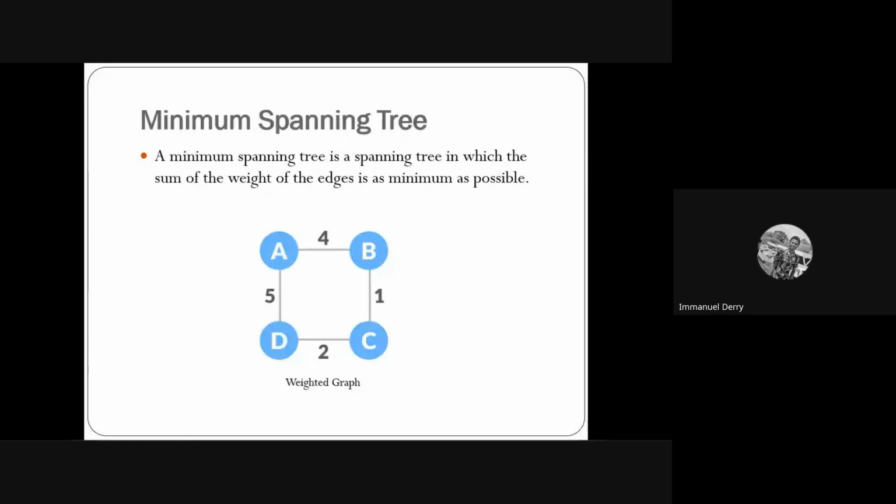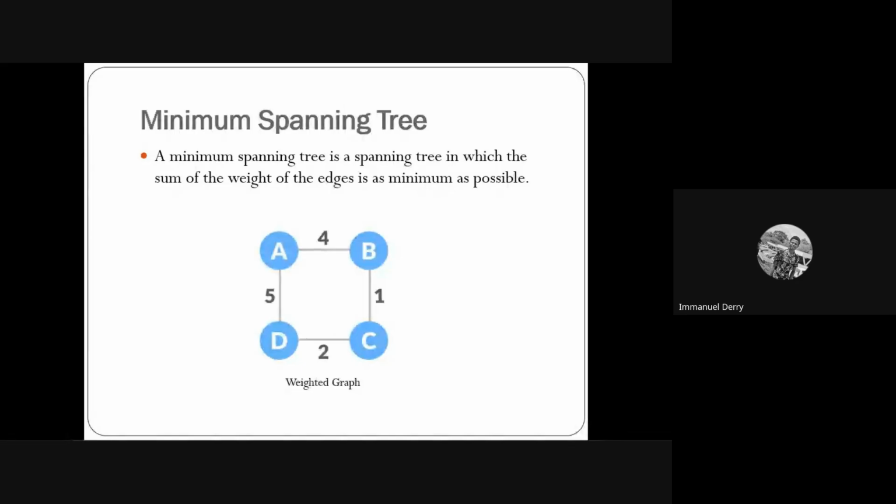All right. So we have the concept of minimum spanning tree in the tree data structure.